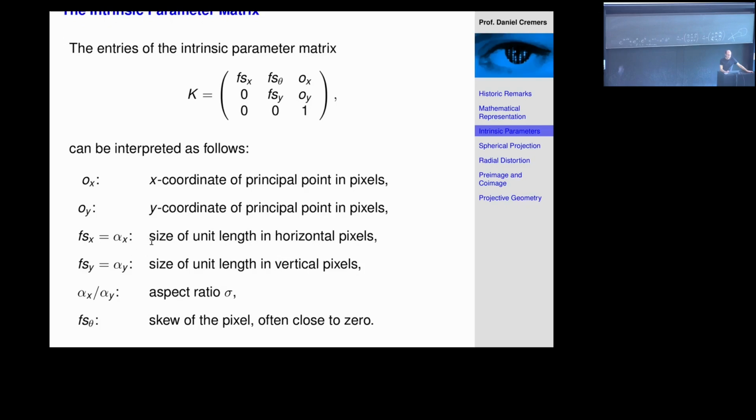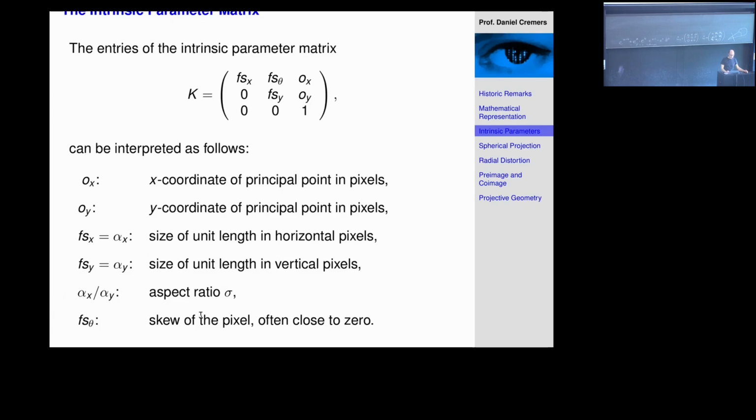And this alpha X is basically the size of unit lengths in horizontal pixels, and alpha Y is the size of a unit lengths in vertical pixels. The ratio between alpha X and alpha Y is called the aspect ratio of the image. So if it's a quadratic image, then it's 1, and otherwise it's not. You have that for screens, for example, that you have this aspect ratio.